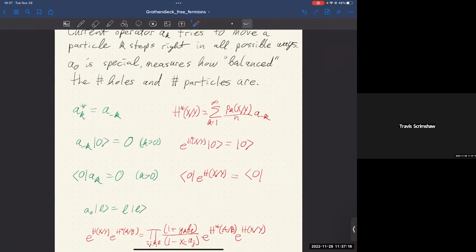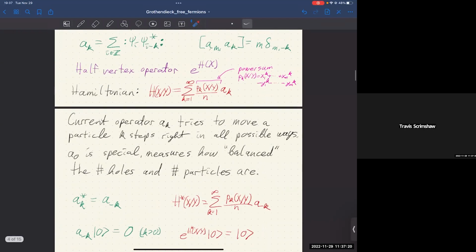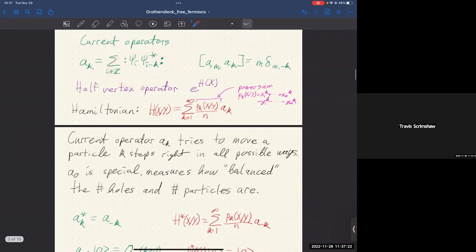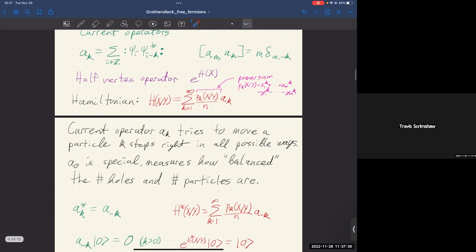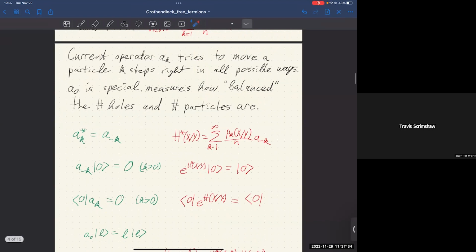And with a little bit of algebra, just looking at this definition here and thinking about how the star works and the anti-involution part of it, you can see that the star applied to A_k gives me A_{-k}, which then allows me to define a star version of the Hamiltonian.